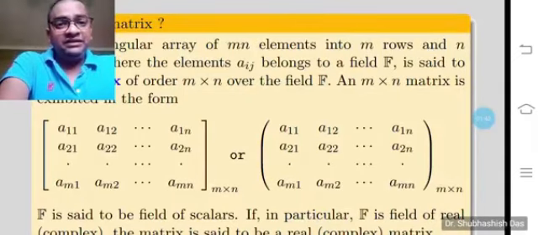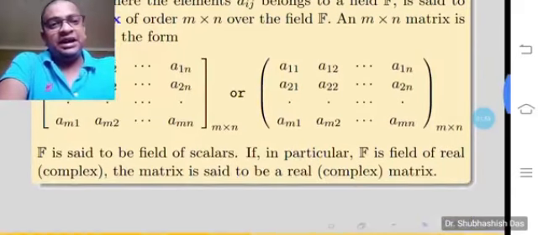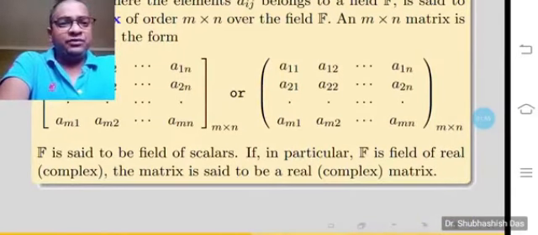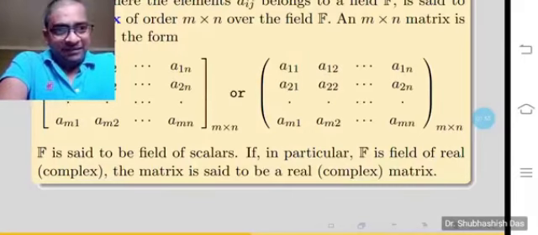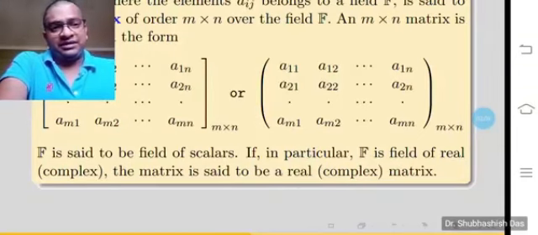Here F is said to be the field of scalars. If we consider F to be real numbers, then the matrix is called a real matrix, and if we consider F to be complex numbers, then that matrix is called a complex matrix.